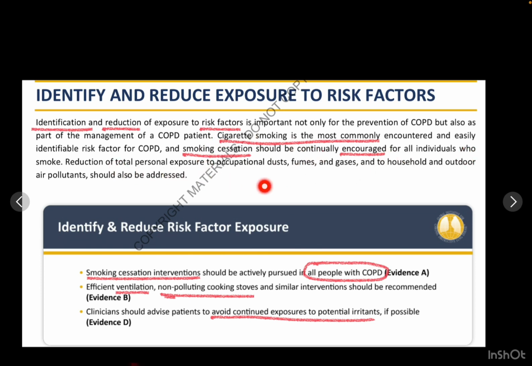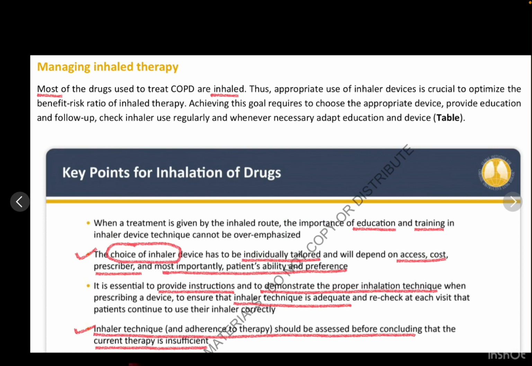Reduction of total personal exposure to occupational dust, fumes, gases, and to household and outdoor air pollution should be addressed. Smoking cessation intervention should be actively pursued in all patients with COPD. As already discussed, efficient ventilation, non-polluting cooking stoves, and similar interventions should be recommended. Clinicians should advise patients to avoid continuous exposure to potential irritants.